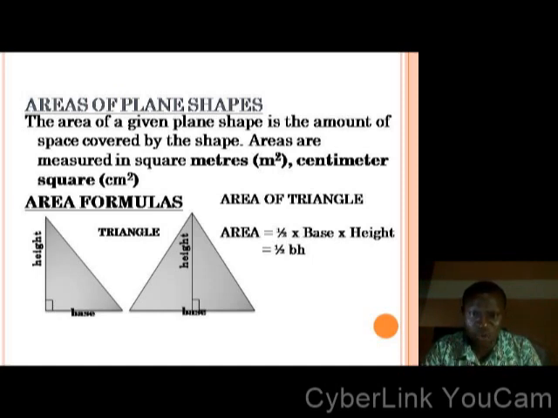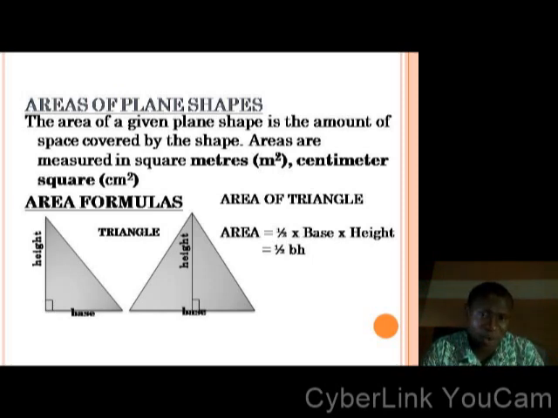The seat where you are sitting on now, you are covering some space there, right? So the space you are covering is the area of that particular shape that you are sitting on. Are you getting what I'm saying? So I believe with this simpler example, you should be able to define this area in your own language.